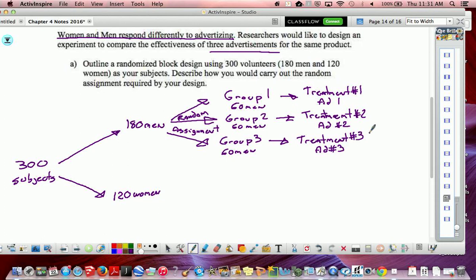So within the men, sorry, there's my voice going. We want to compare the effectiveness of the ads. So that we can see, all right, which one of these ads should we run during shows that men tend to watch more often.